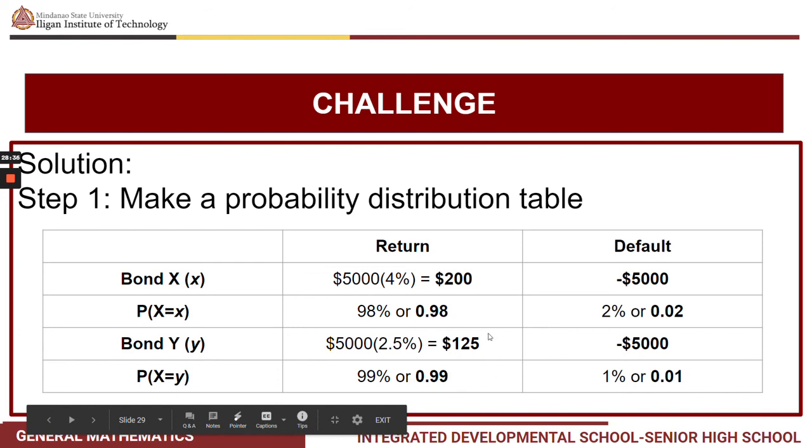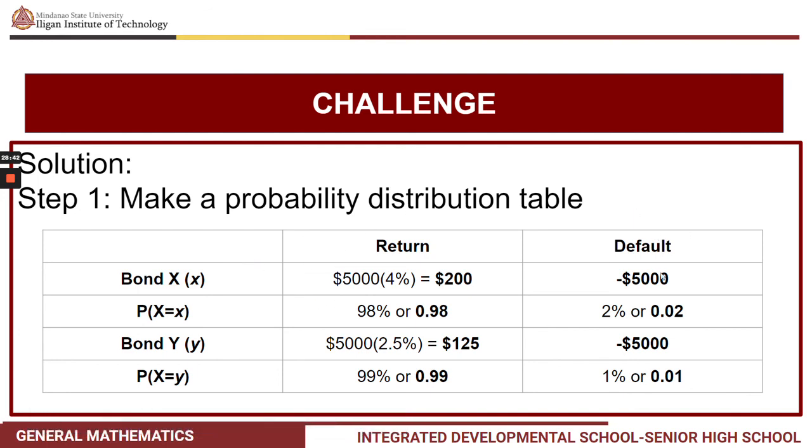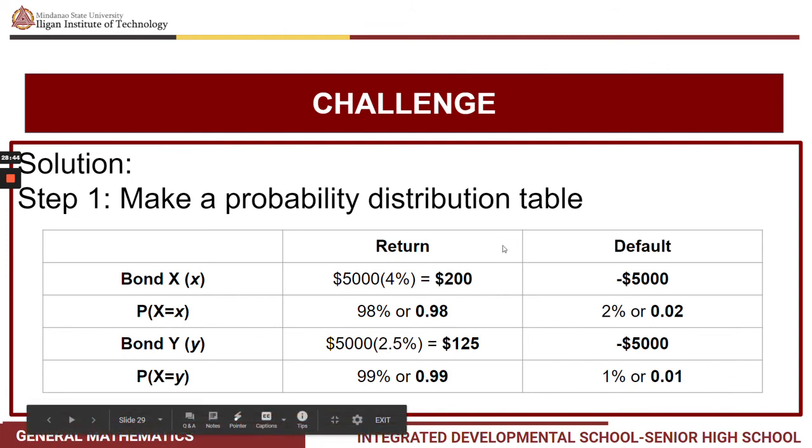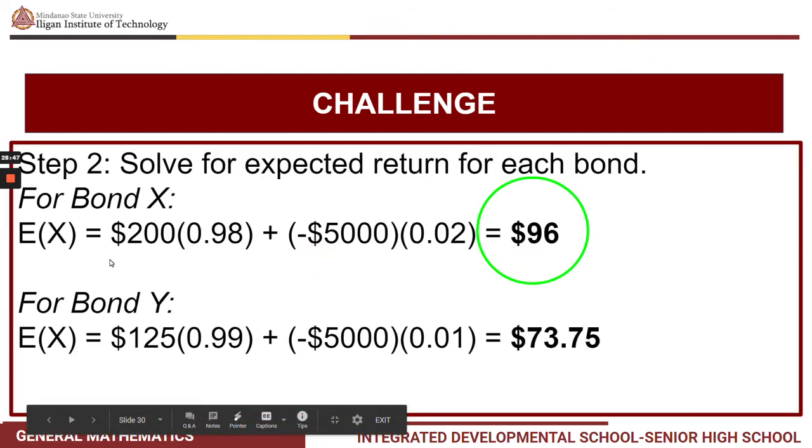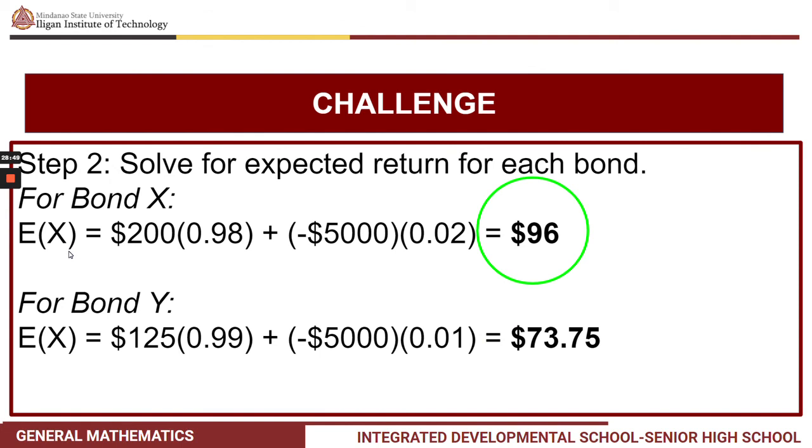Okay, now that we have this probability distribution table, we can now solve for the expected values of each. Expected value na return. So, for bond X, if you multiply each value to its corresponding probability, you'll get $96.